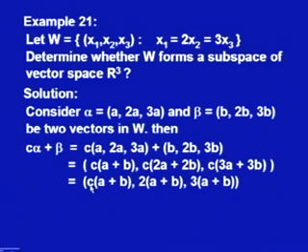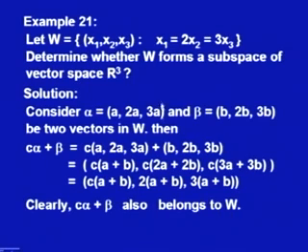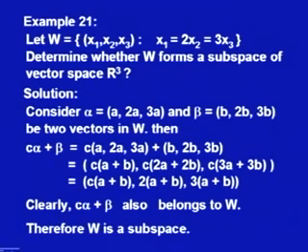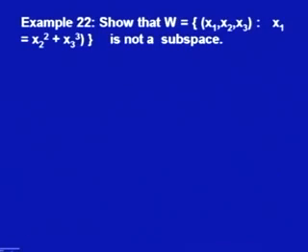Simplifying it, we will have (C a plus b, 2 times a plus b, 3 times a plus b), and that means the condition x1 is equal to 2x2 is equal to 3x3 is also satisfied for C alpha plus beta, and that means C alpha plus beta also belongs to W, and this proves that W is a subspace. Next, x1 equals x2 square plus x3 square, and we will see that it is not a subspace.